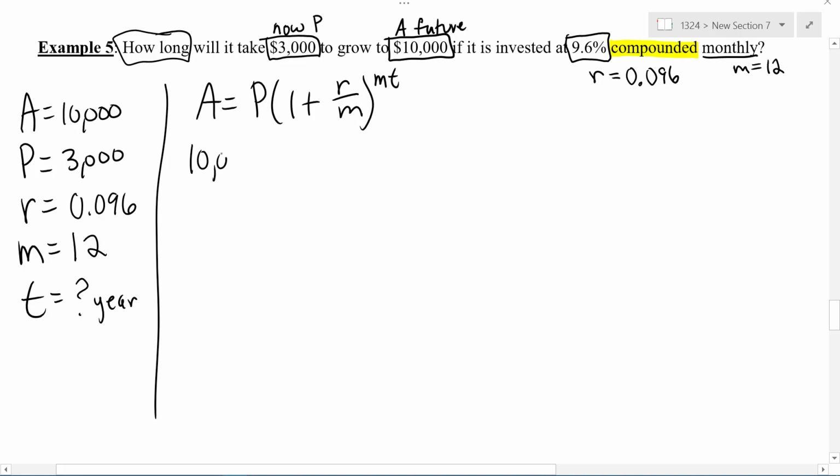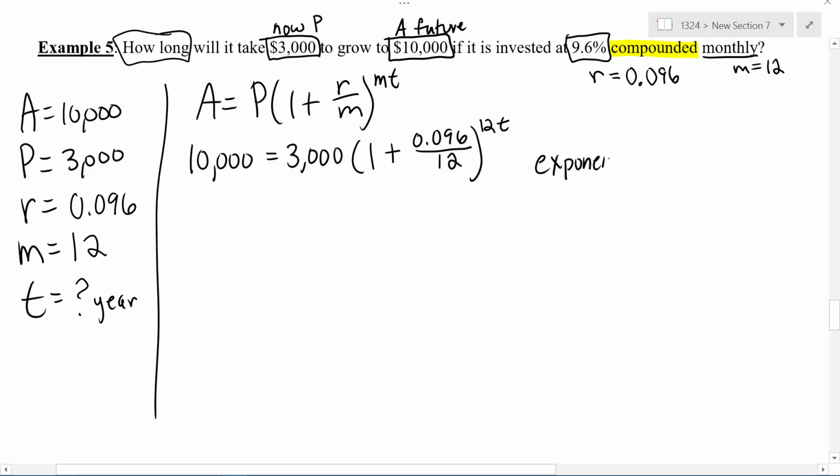So let's plug everything into our equation. Then we're going to raise that to the 12 times T power. We don't know what T is, so I'm going to leave T as T. Now when we go to solve this equation, this is an exponential equation.